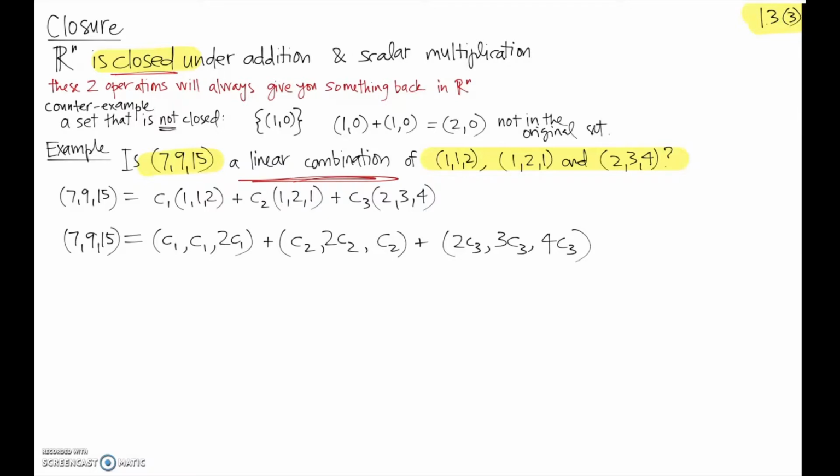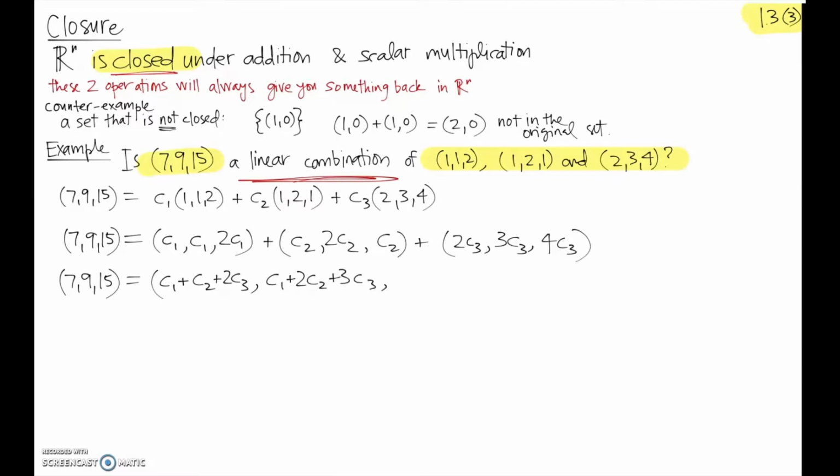So I'll still write 7, 9, 15 must equal, let's see, I've got C1 plus C2 plus 2C3. That's just one real number. And then the middle element will be C1 plus 2C2 plus 3C3.